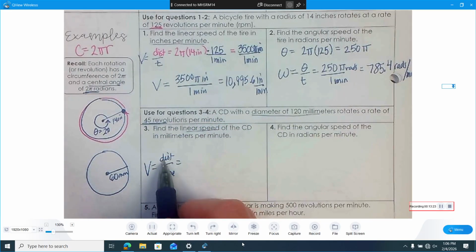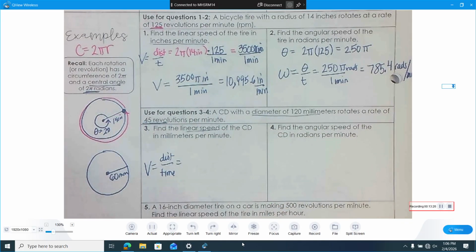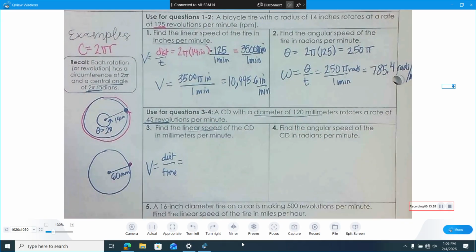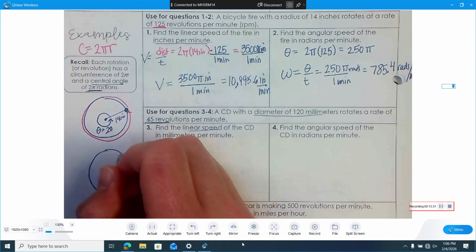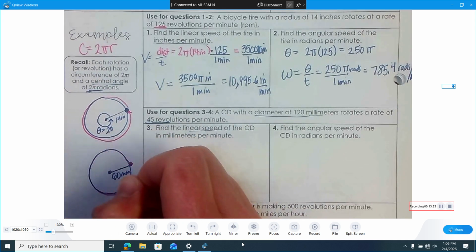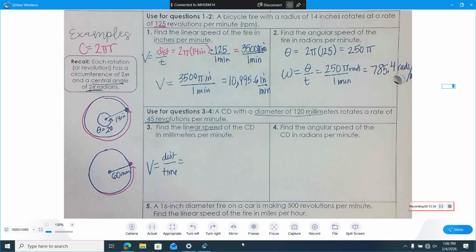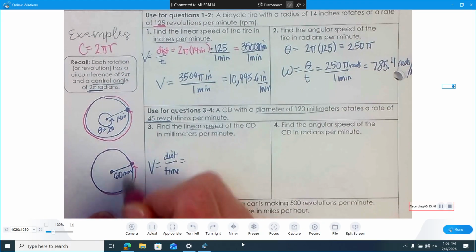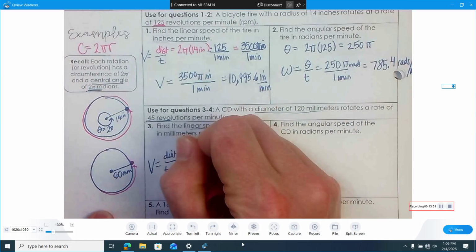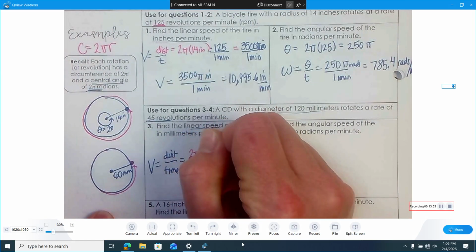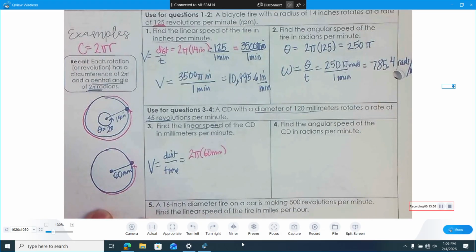All right, let's see what we got. The distance. Imagine I am a speck on the end of my CD, traveling a distance around the edge: 2 pi r. One rotation is 2 times pi times my radius of 60 millimeters. But did we go just one loop around?